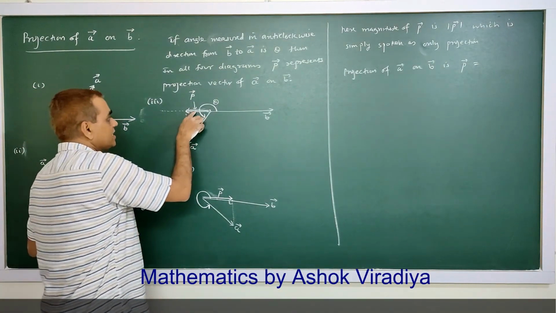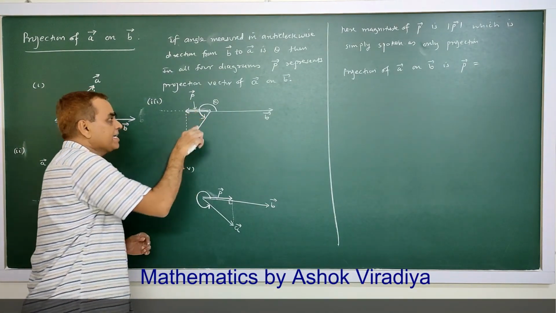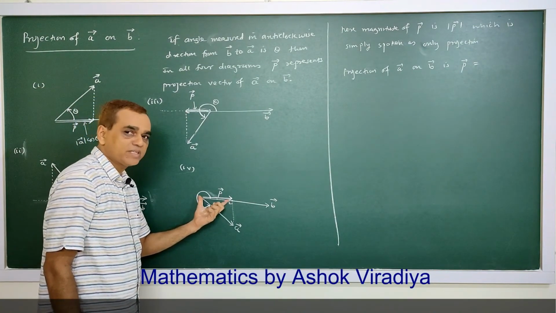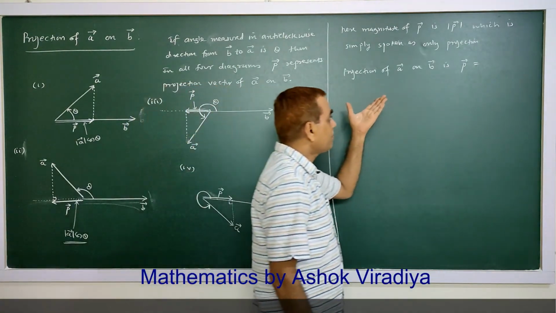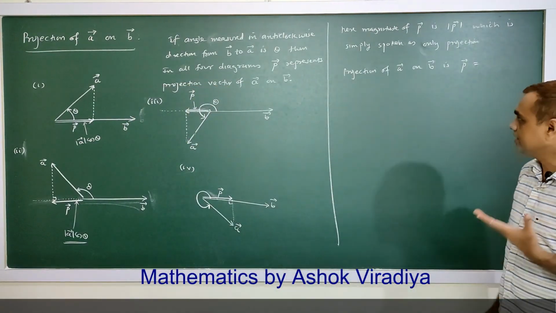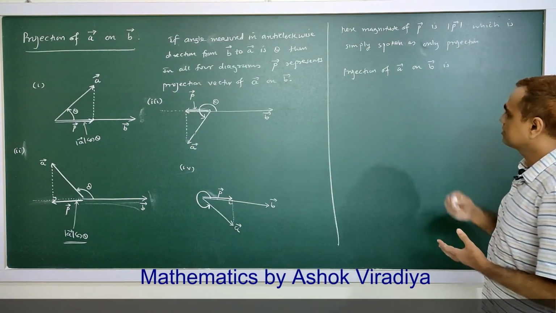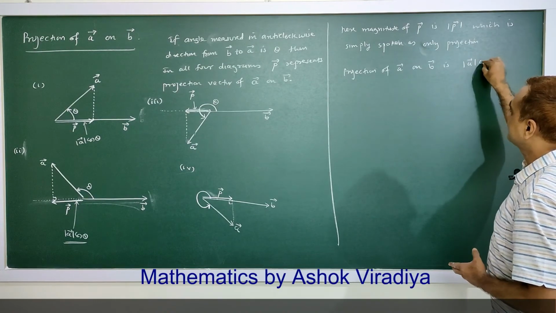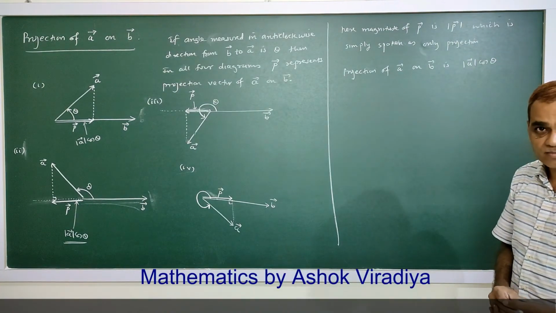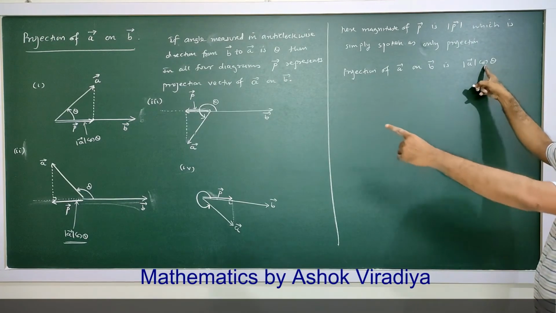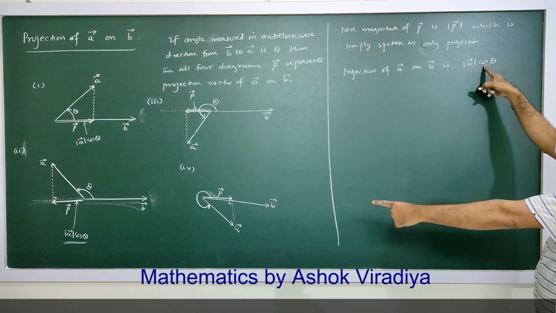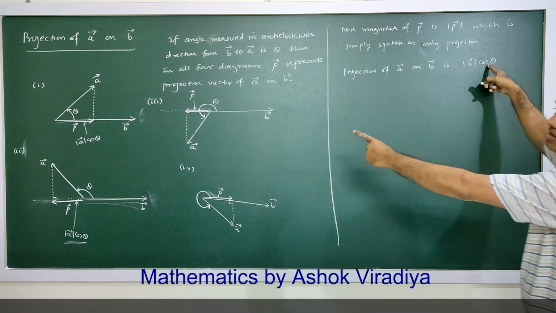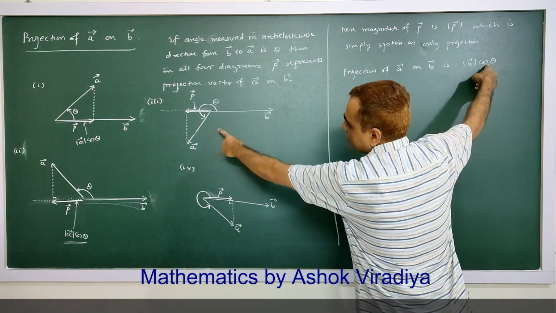Here the same, this will be magnitude A times cos theta. So in every case, projection of A on B is magnitude A times cos theta. This value is positive if theta is in the first and fourth quadrant, and negative if theta is in the second and third quadrant.